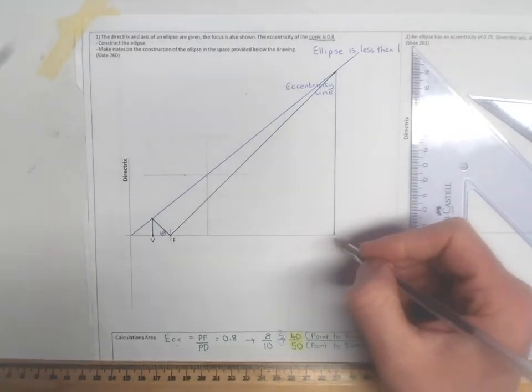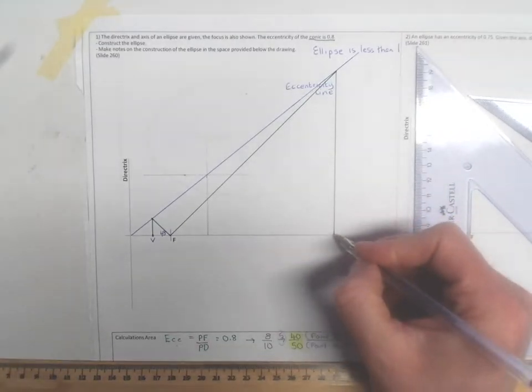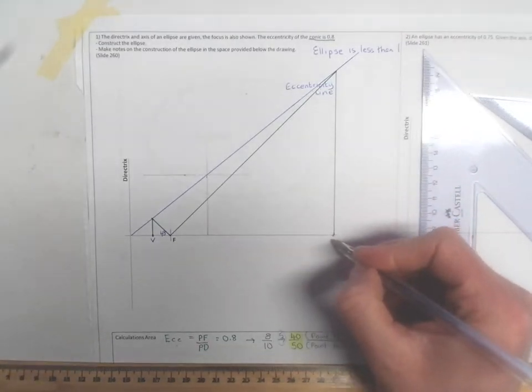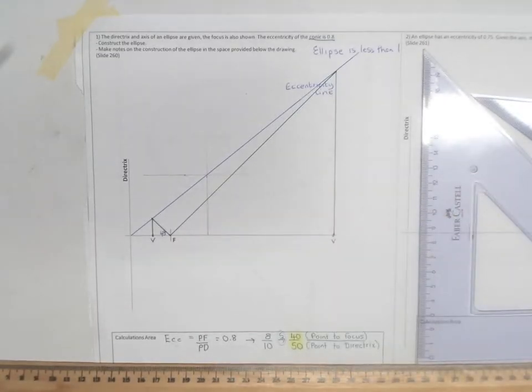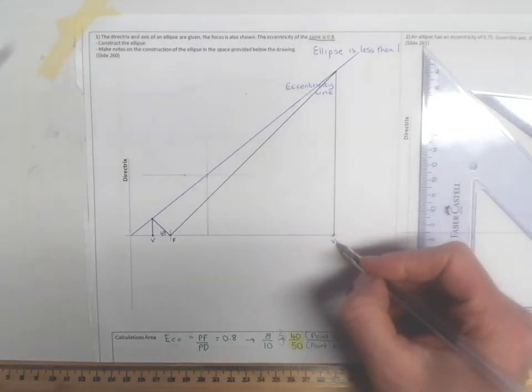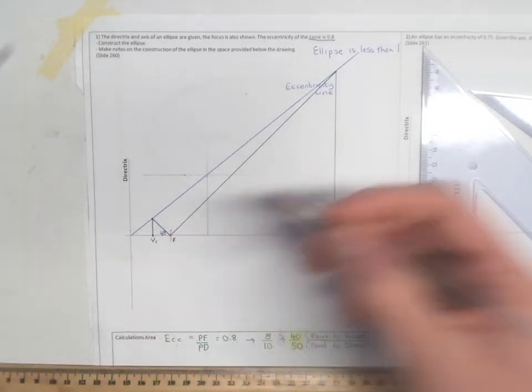That is then your vertex there. So that's your second vertex. That's your vertex 1.